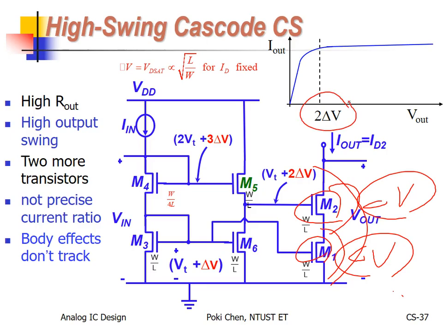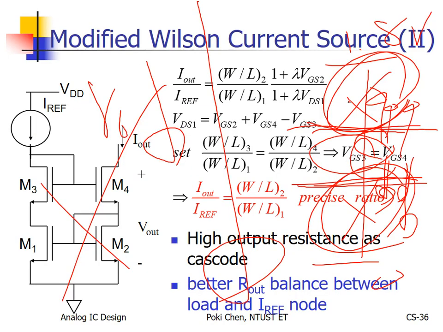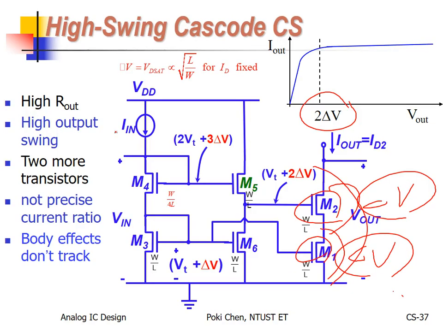Wow, very easy, very simple. It is much less than what I told you here. How much? 1 VT plus 2 delta V, right? Wow, we can reduce the minimum voltage by 1 VT. 1 VT means very much, very large.